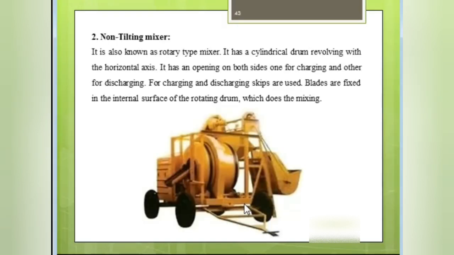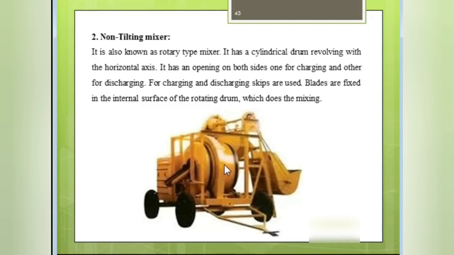And in non-tilting, this central cylinder, you can observe here, rotates continuously, but it will not tilt. At the time of rotating, internal blades in that cylinder automatically remove the internal concrete mix through the opening provided at the center of the cylinder.